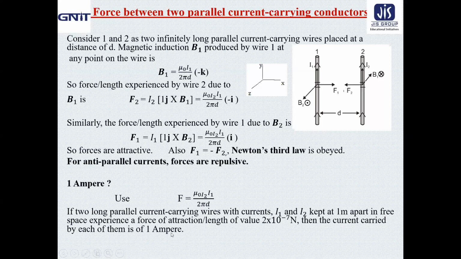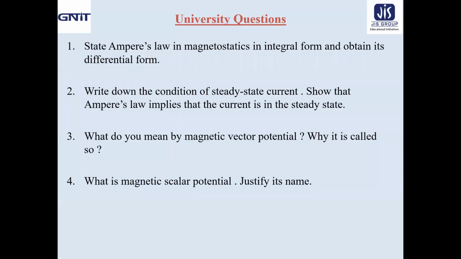I think all of you can remember, you have done this in your 12th standard. So mu naught is 4 pi into 10 to the power minus 7. D is 1 meter. So what will you get as F? That is 2 into 10 to the power minus 7 Newton, provided I1 equals I2 equals 1 ampere. So I think things are clear to you.